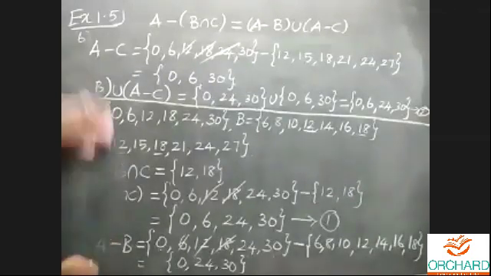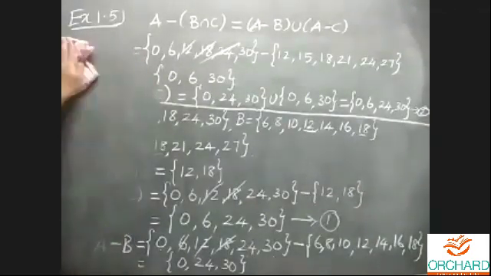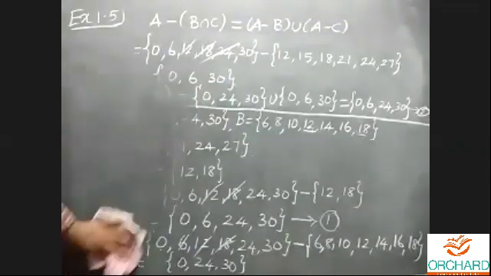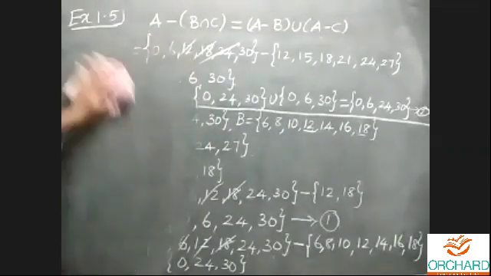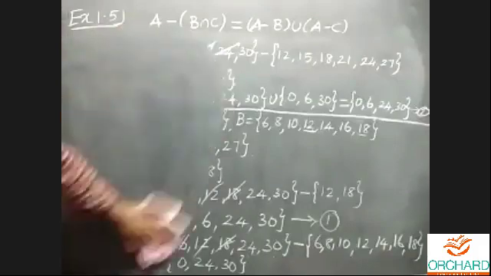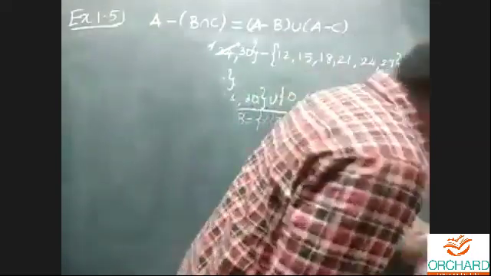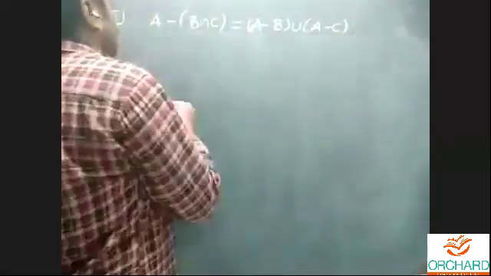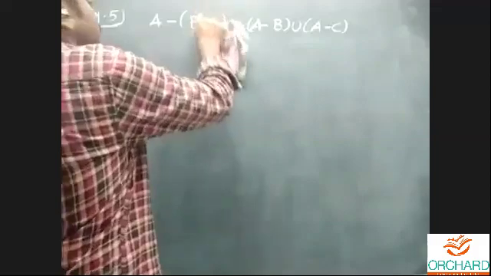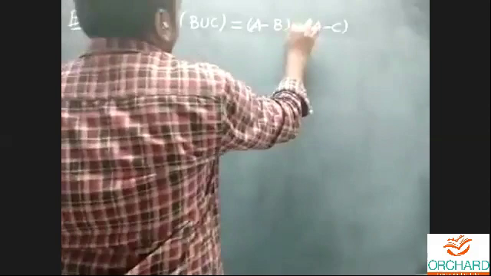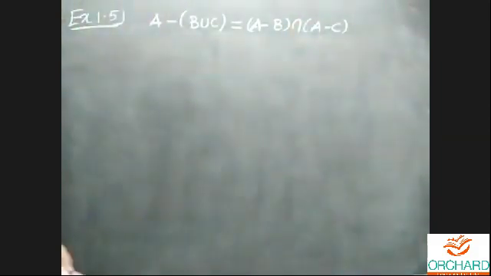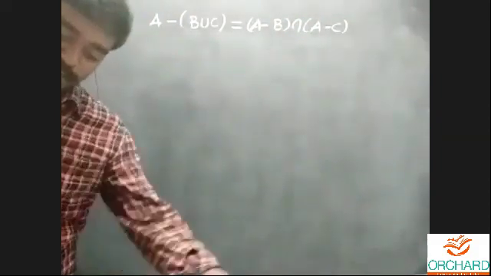Question number 8, the same exercise. That is also an application of De Morgan laws of set difference. That's the other law: A difference B union C is equal to A difference B intersection A difference C. That's the other law for De Morgan law of set difference.